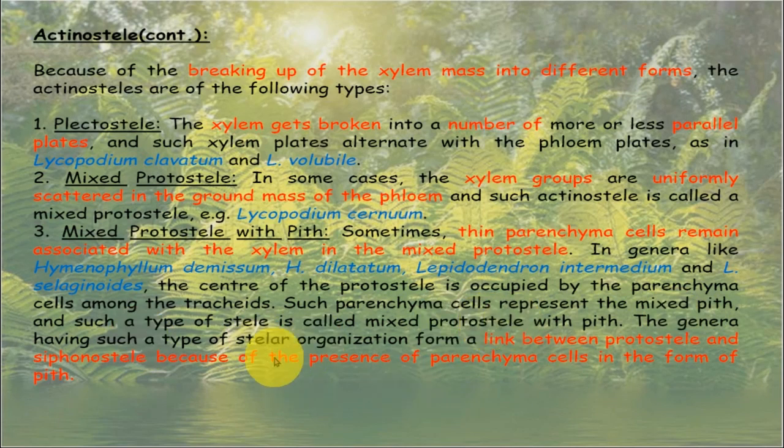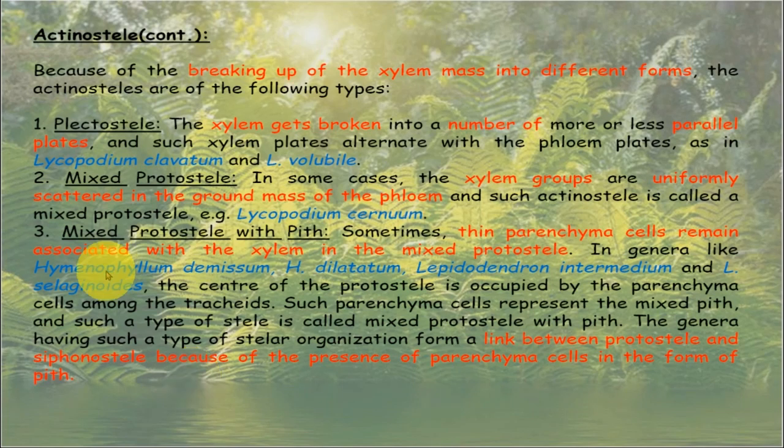The genera having this type of stelar organization are a link between protostele and siphonostele, because when the evolution was taking place from haplostele or protostele to other advanced forms of stele like siphonostele, there was something in between that consists of characters of both protostele and siphonostele.